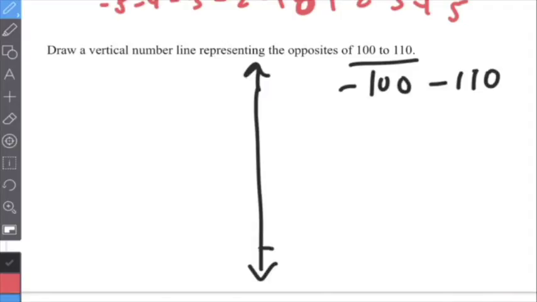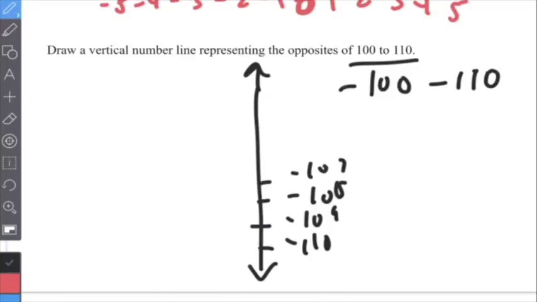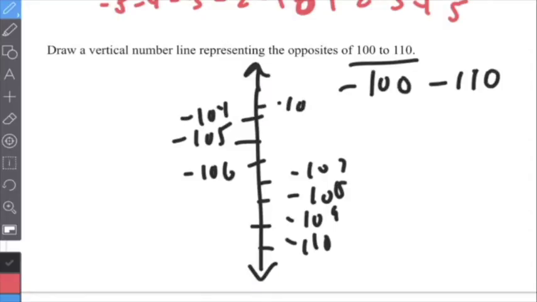So I'll do -110, -109, -108, -107. I know it's a little sloppy. It's hard to write on this. -106, -105, -104, -103, -102, -101, and then -100.